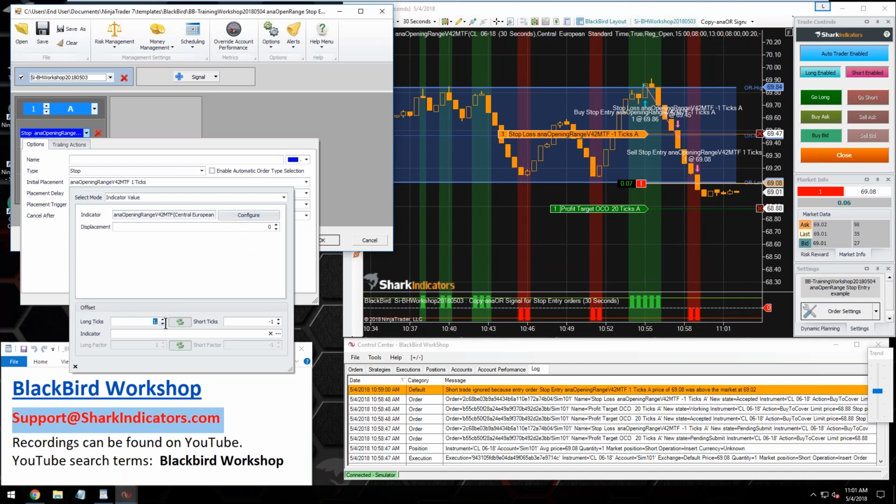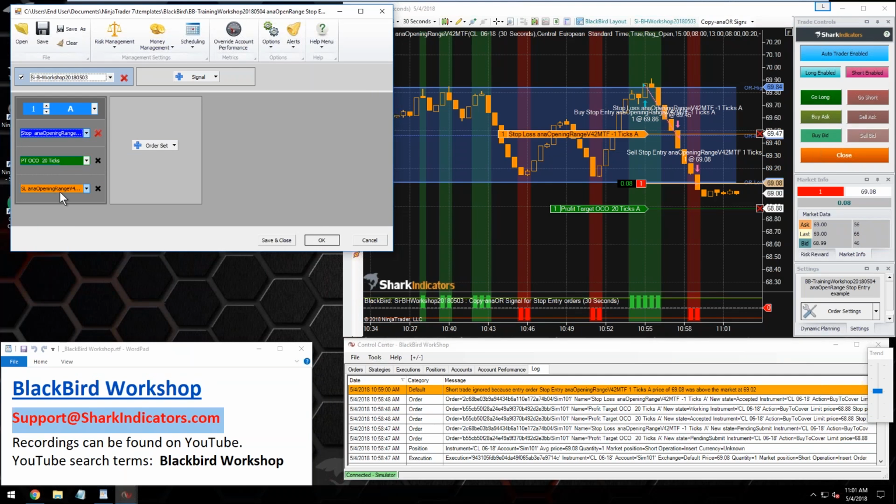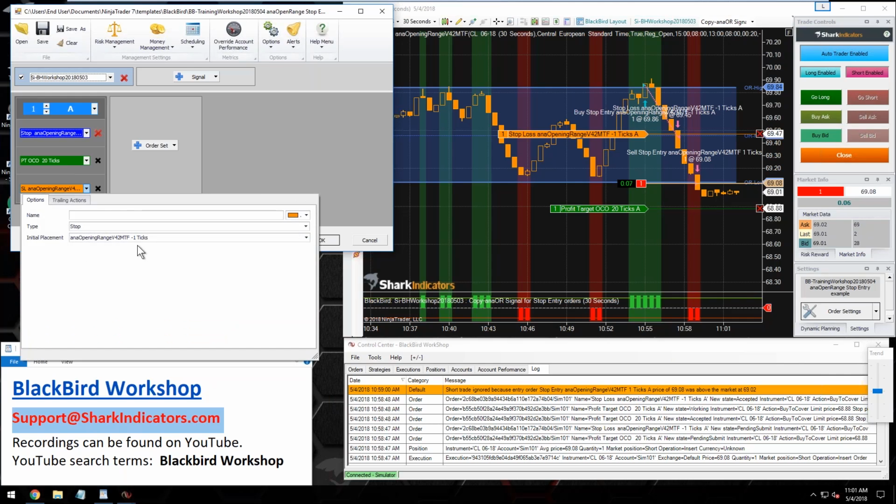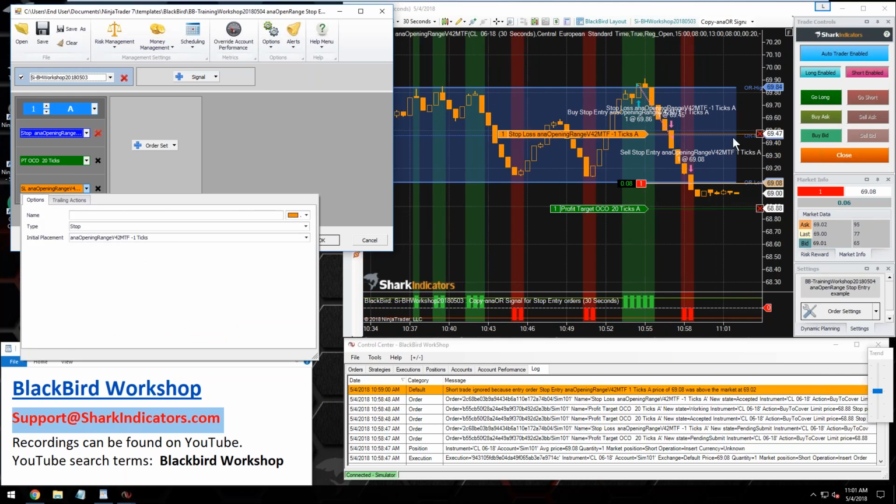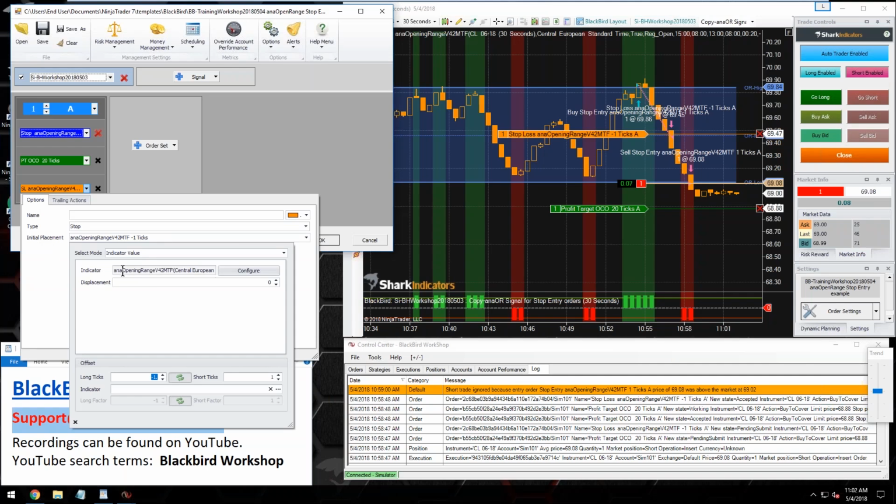I also added an extra tick offset. And then of course the profit target and the stop loss are all subjective, whatever you think is appropriate. I just decided to put the stop loss at the midline, just for practice, to show you how to do it. For the stop loss, the initial placement was set to the opening range indicator.